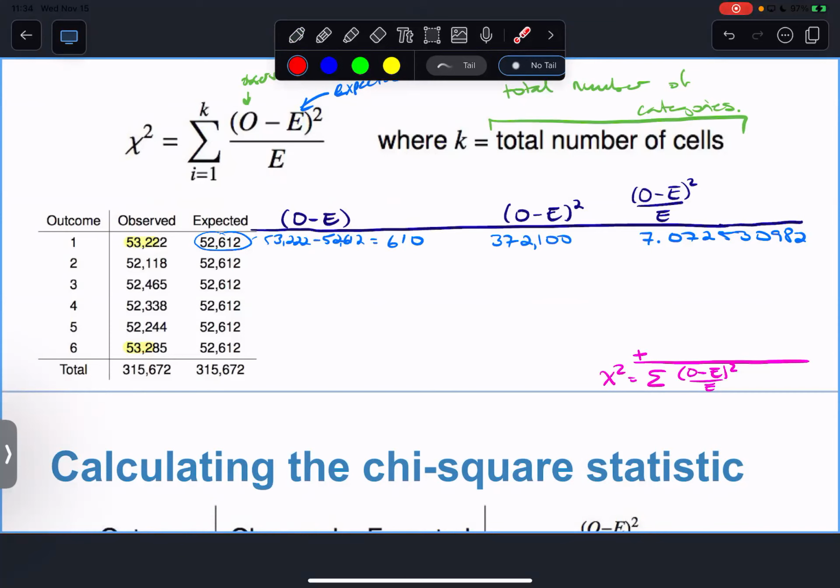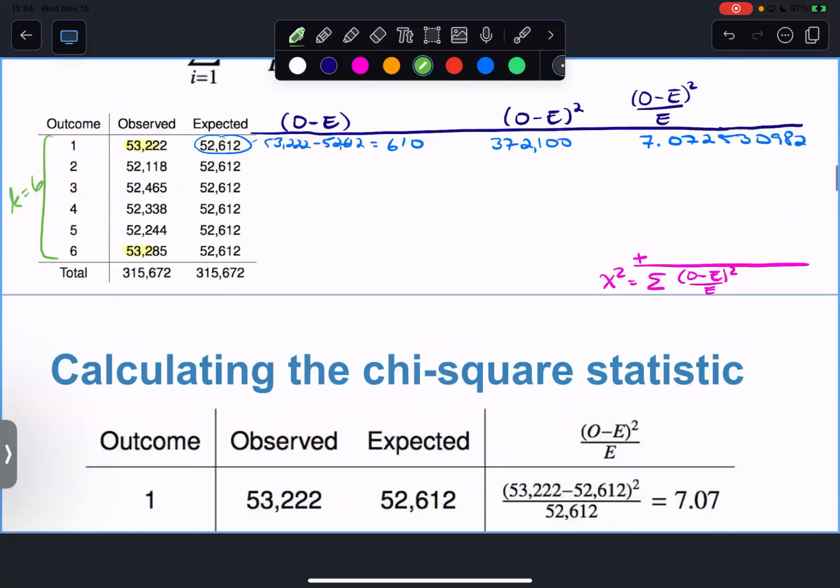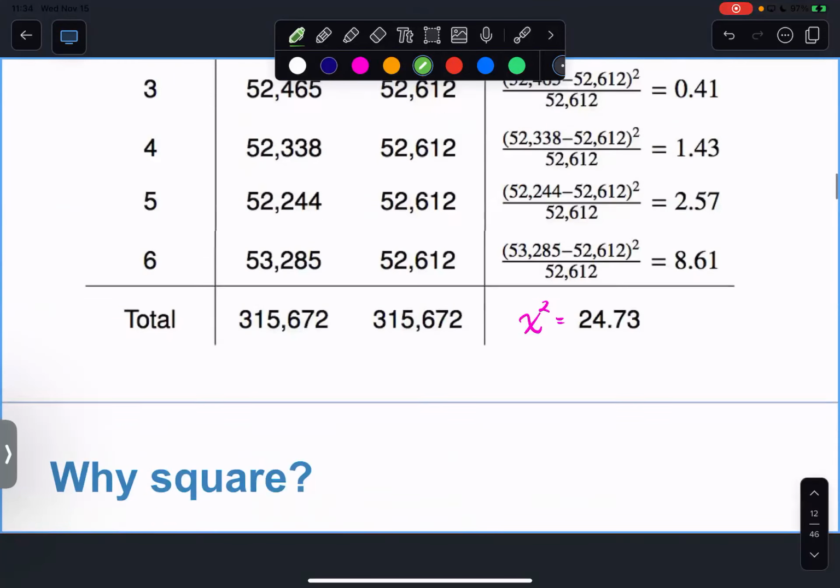I have 6 groups, 6 outcomes, and so K in this case is 6. We're going to need that because of something involved with the chi-square distribution, which is the degrees of freedom. I've said too much already, I guess, but we're getting there anyways.